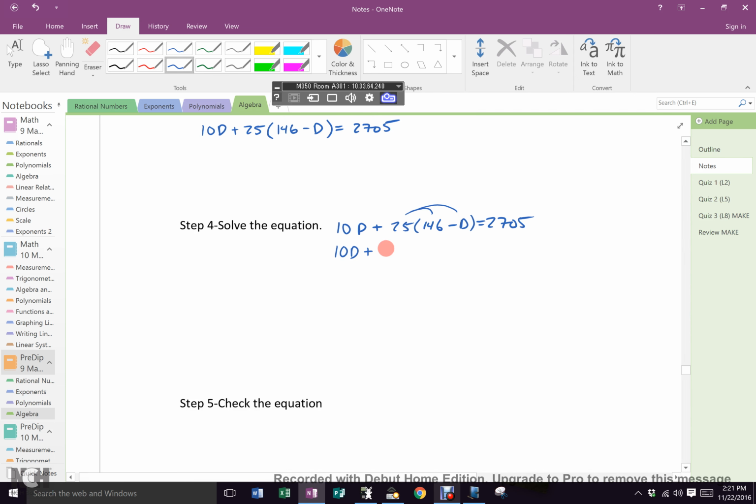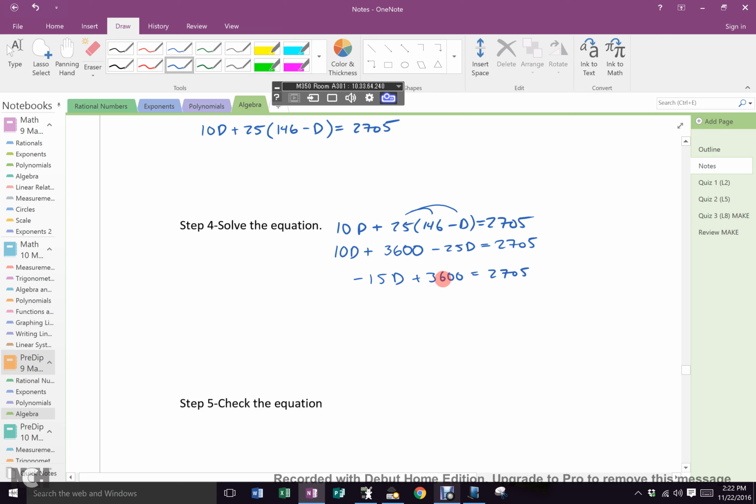So what are we going to get out? 3,600 minus 25D, right? Equals 2,705. Now what? You gather like terms to negative 15D plus 3,600 equals 2,705. Now what?